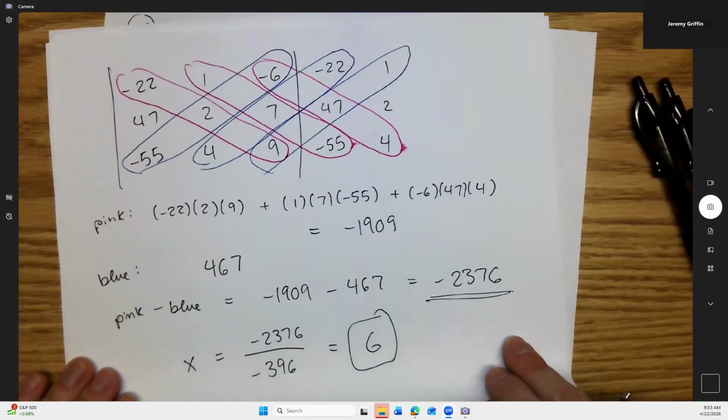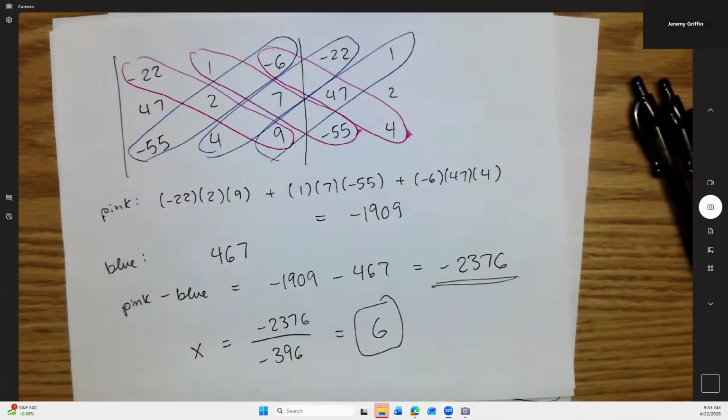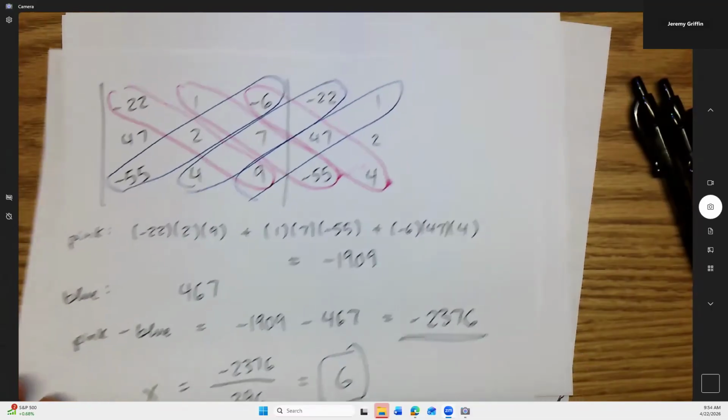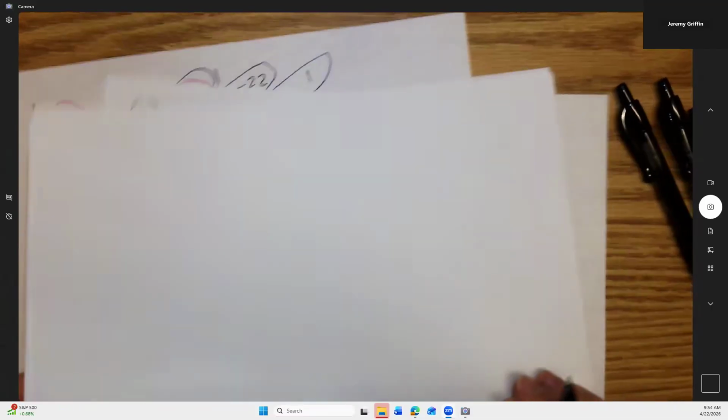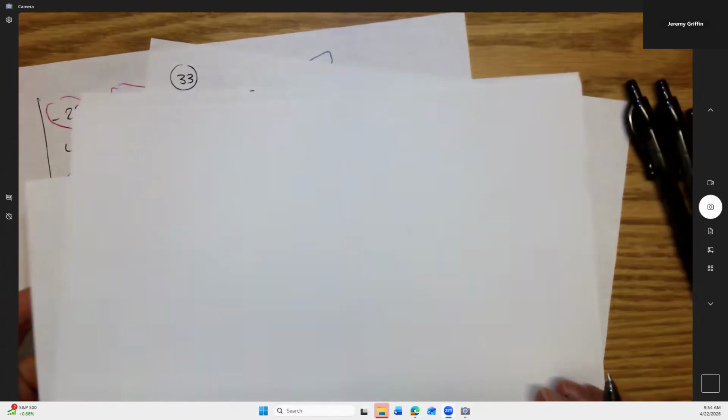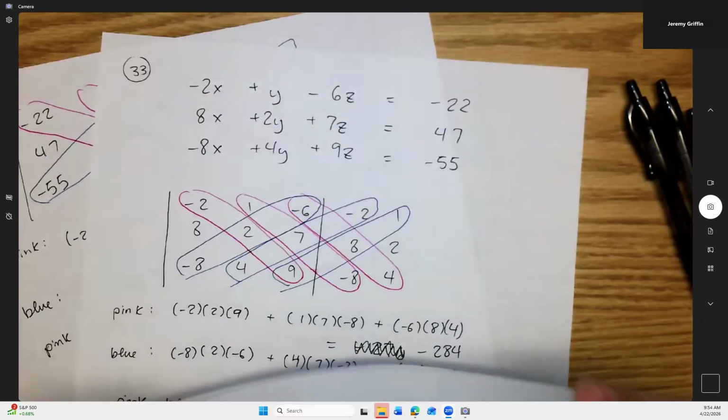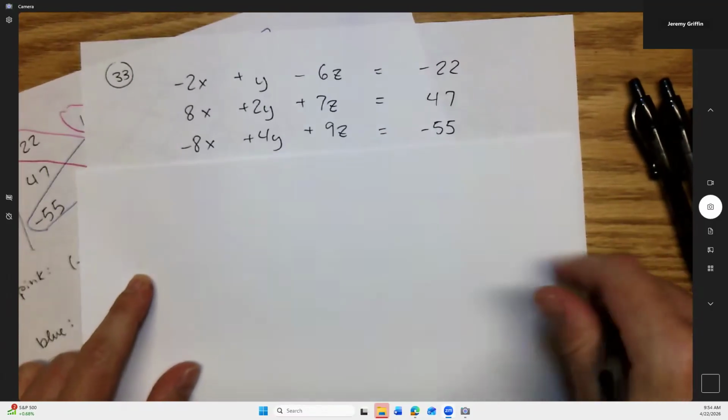All right, let's get y. So a new determinant.